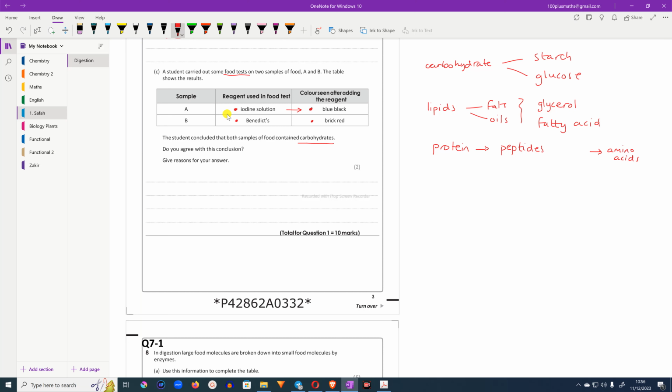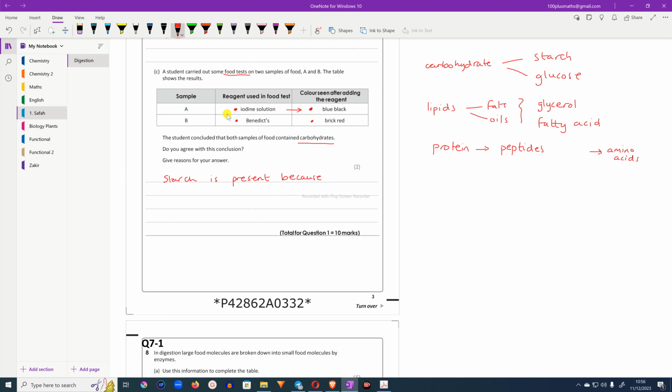Iodine. When it turns something black blue, you've got starch. Starch is present. Why? Because why is starch present?